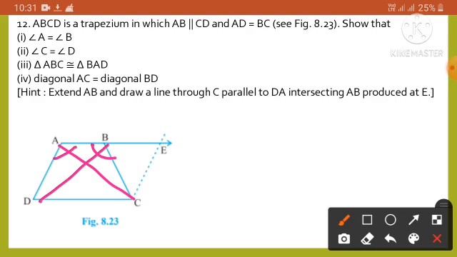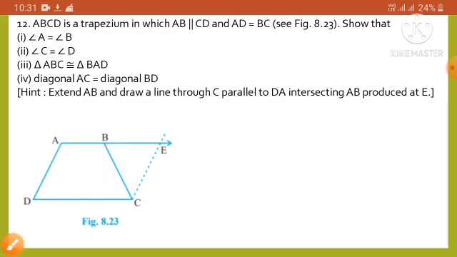Since these two triangles are congruent, easily you can say that diagonal AC is equal to diagonal BD by CPCT rule. Okay, so you got all the problems here. So try it yourself and practice. Okay, thank you.